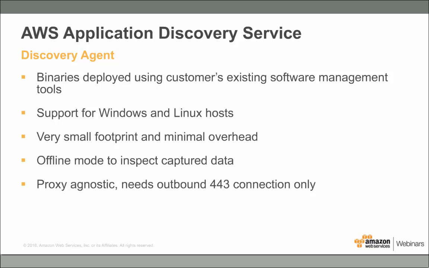It's proxy agnostic if the underlying operating system can communicate outbound, one way, outbound only on port 443. The discovery agent will pick up that information and communicate with the AWS Discovery database on port 443 outbound. You don't have to punch holes, allowing anything inbound into your environment.